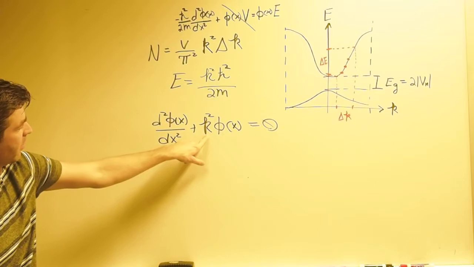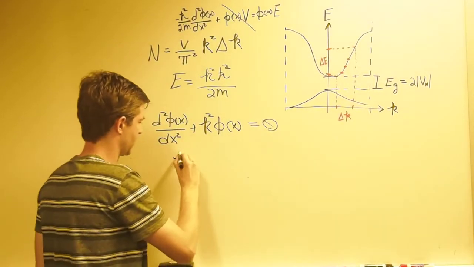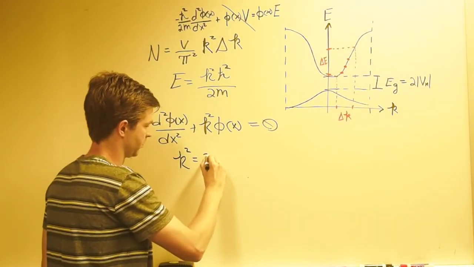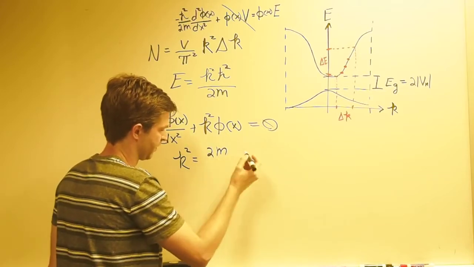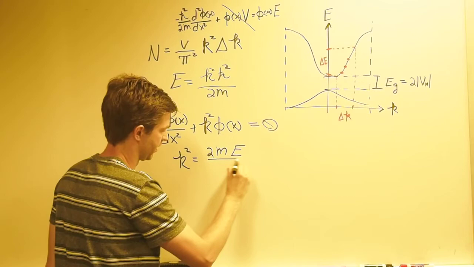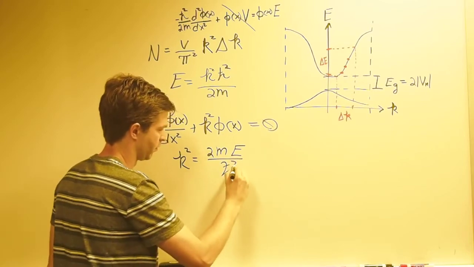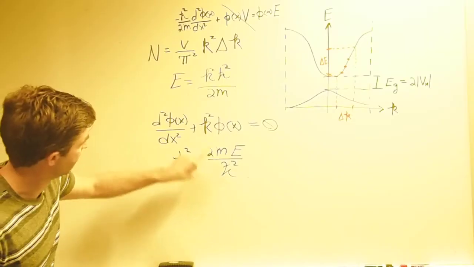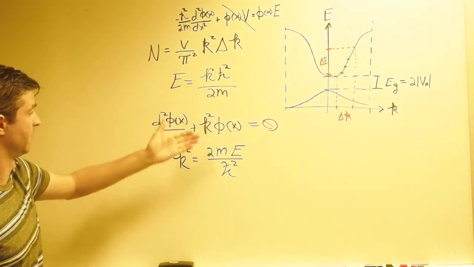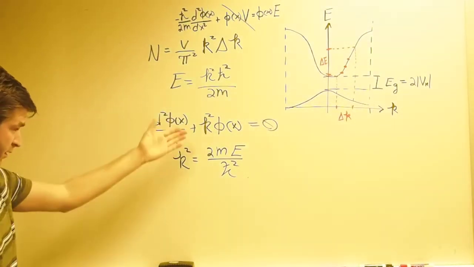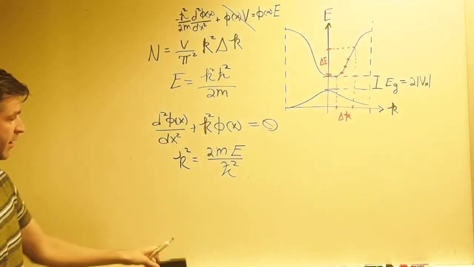Just like that. And what is our k squared? K squared is equal to 2m, the mass of the particle, electron in this case, over h bar squared, right? And that is how we get our free electron energy right there. Yeah. So the k is the coefficient that's used in this second order ODE.